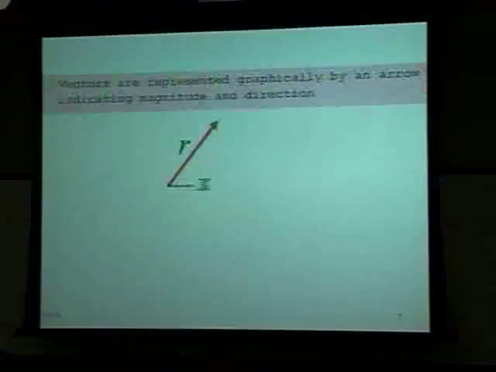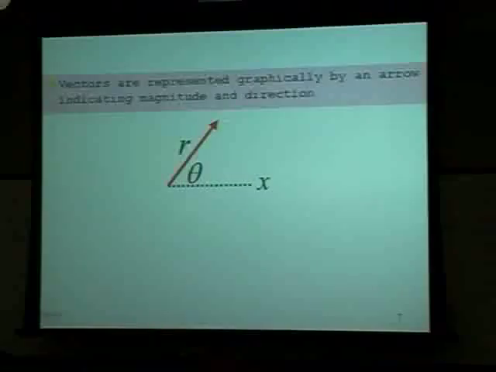Vectors have magnitude and direction. They're indicated by an arrow graphically, and the length of the arrow indicates the magnitude of the vector, and the direction of the arrow indicates its direction in relation, in this sense, to the positive x direction. So it, in essence, is defined by polar coordinates, magnitude and direction.